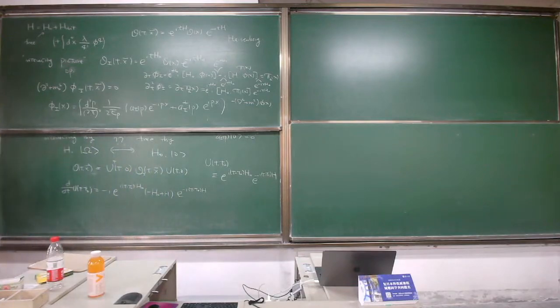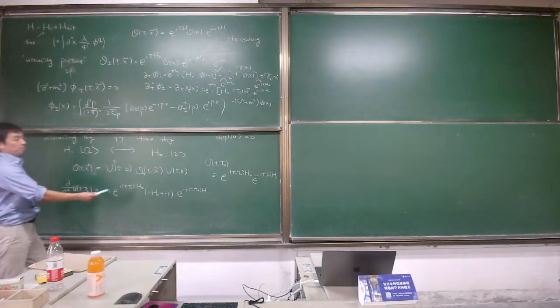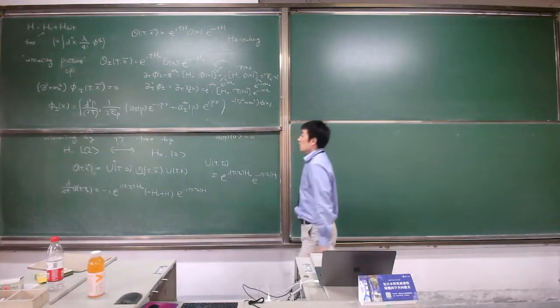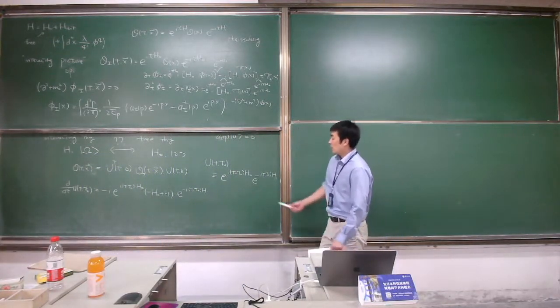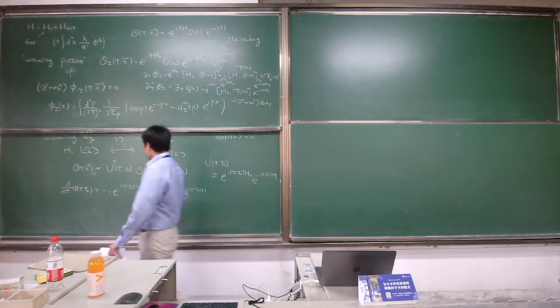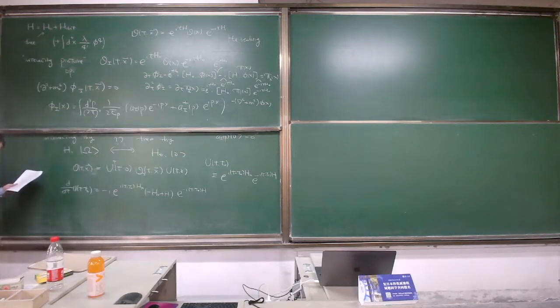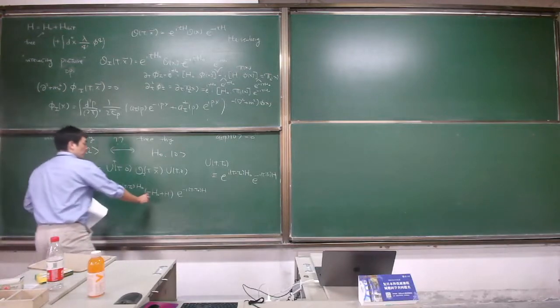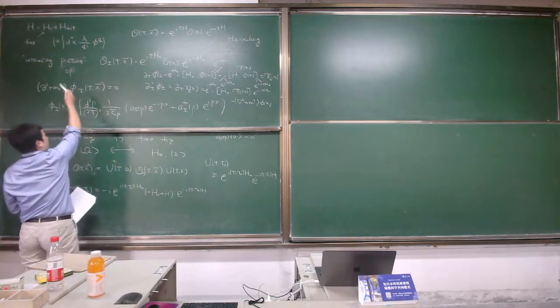So be careful about the order of H and H0. They are usually not guaranteed to commute, so you have to be careful about the order. Now we notice that this difference is indeed H_int.